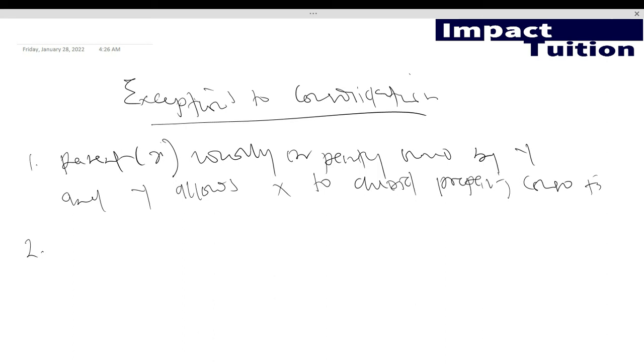This is the first exception. The parent is a wholly or partly owned subsidiary, and the owner allows it to avoid preparing consolidated financial statements. The next, the parent's debt and equity instruments are not traded in the public market.